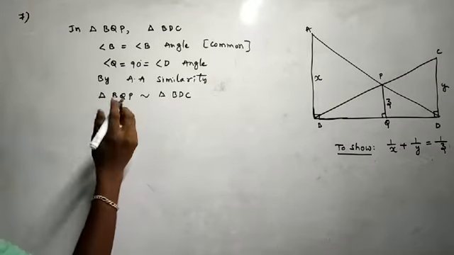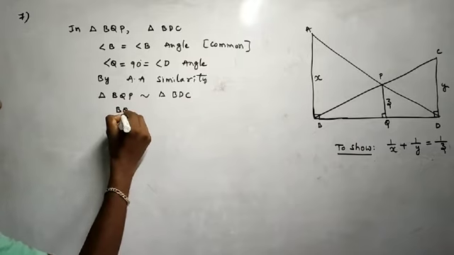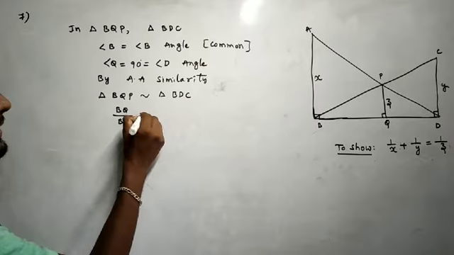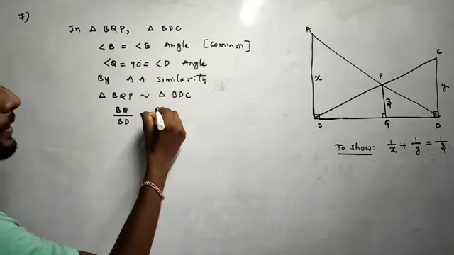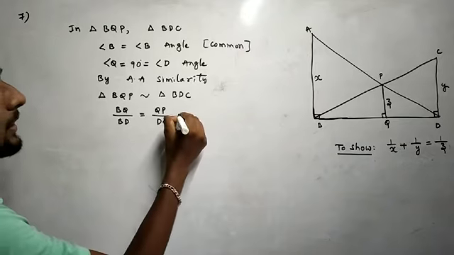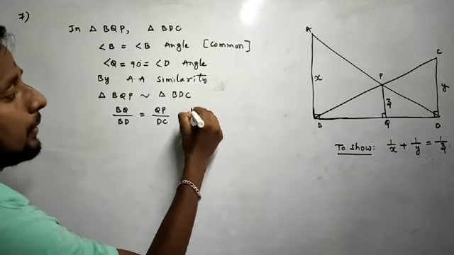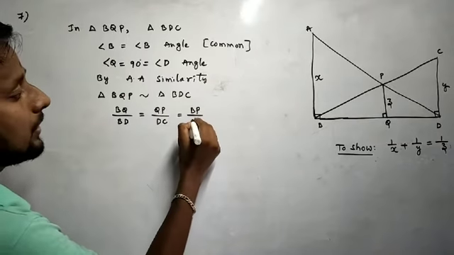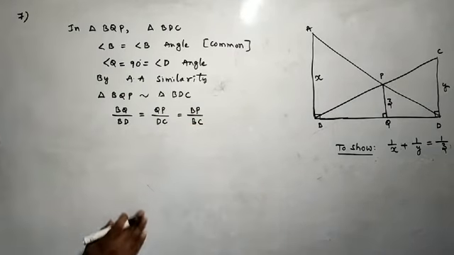After deciding that, we write the ratios of the sides. First two letters BQ by BD is equal to QP by DC, that is equal to the last two, BP by BC. From the diagram, it is better to mention the values.